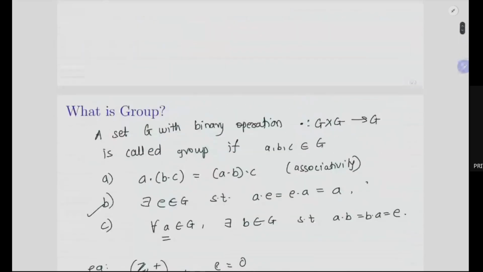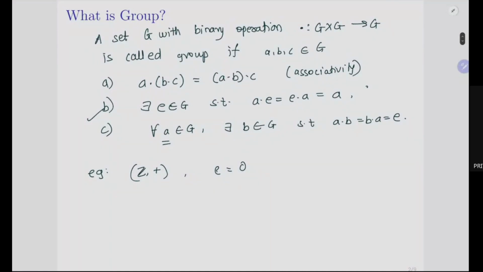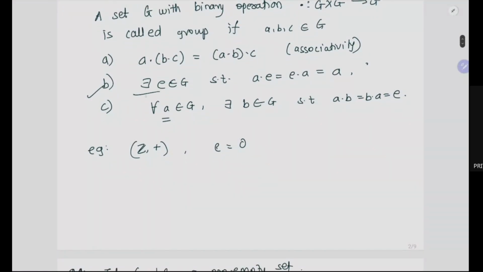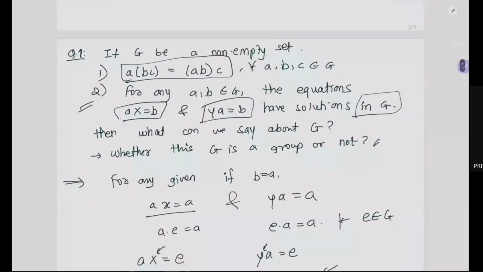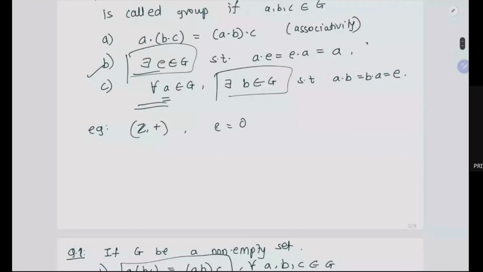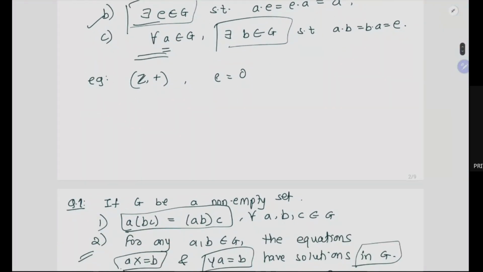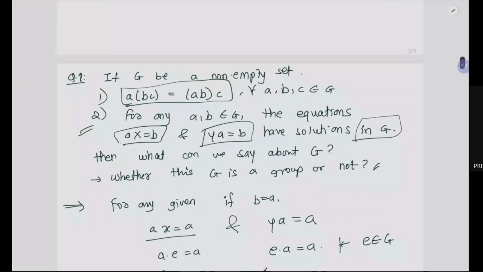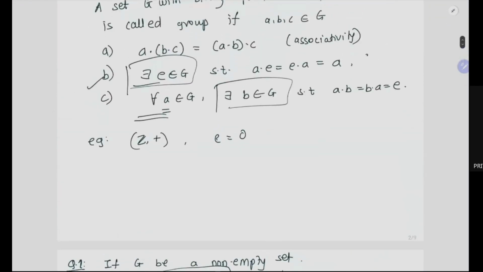Yeah. What I wanted to say is that these definitions, when we write B and C, we only talk about the existence. We want elements to have such properties. And once we have elements, it was any set which was satisfying this property. Using these properties, we have got the existence of this E and this B, which is namely A inverse in our case.